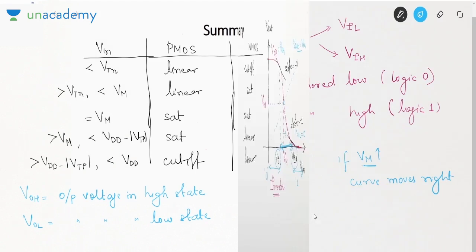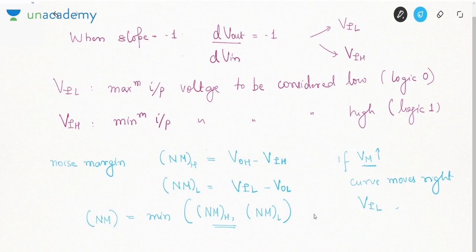In that case, VIL and VIH both will increase. But increase in VIH will cause noise margin high to decrease and noise margin low to increase. So basically, if you change the value of VM, you can change the noise margins.